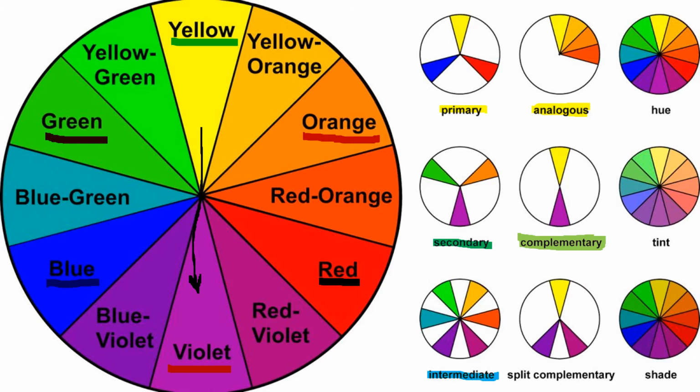If I go from blue and I go across the color wheel, blue's complementary color is orange. If I go from red across, you will see the complementary color is green. Right. You'll find that the primary colors and the secondary colors are complementary colors to each other.